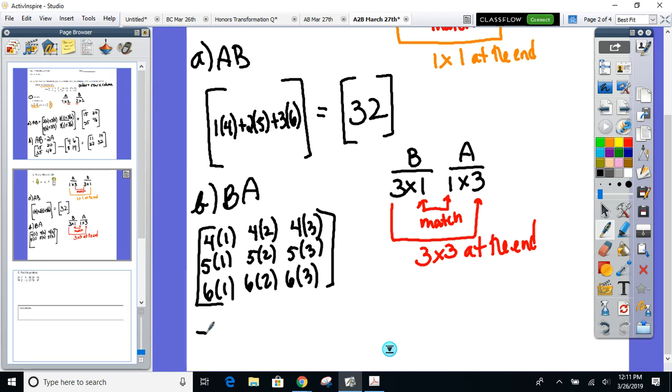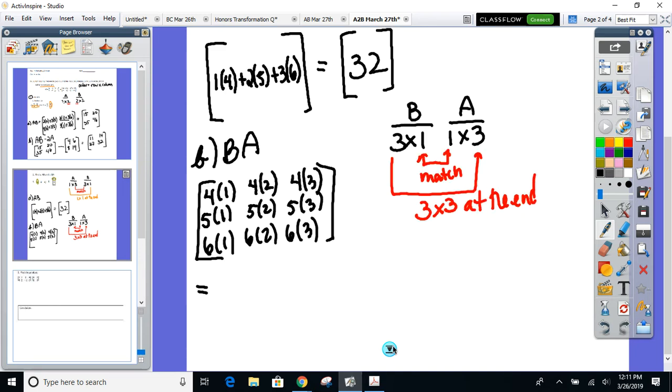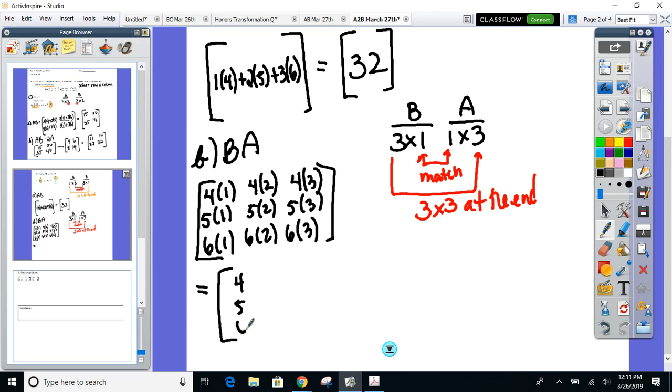All right, so BA will end up being 4, 5, 6, 8, 10, 12, 12, 15, 18 as your resulting matrix. So a little bit different, right, when I switched the order of them, but that's how it became a 1 by 1 versus a 3 by 3.